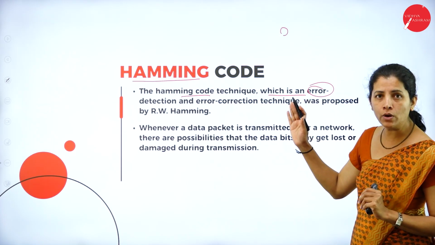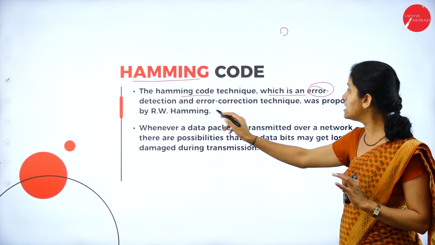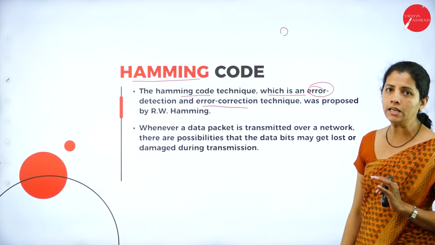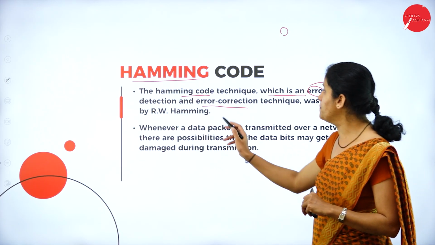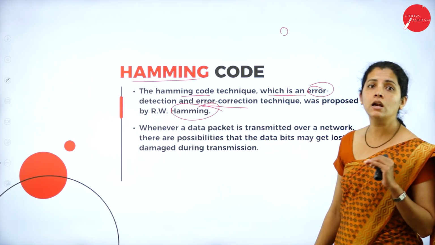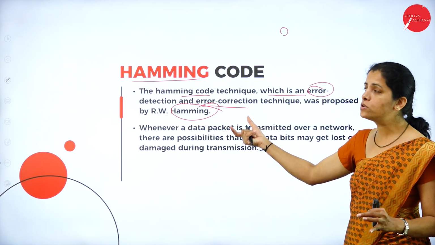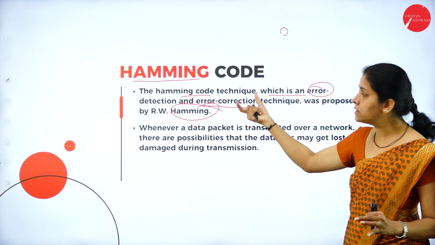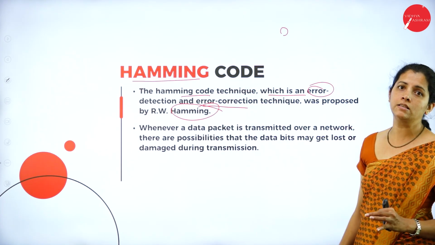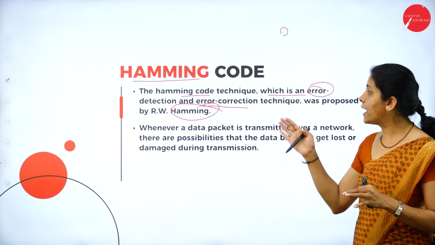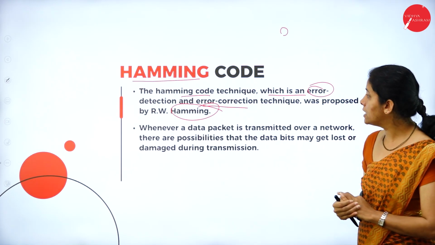Hamming code is an error detection as well as error correction technique, which was proposed by R.W. Hamming. For that reason, the name of the technique is Hamming code.